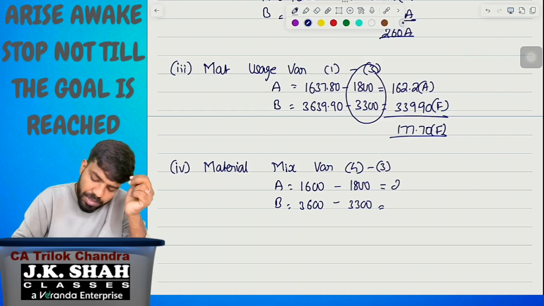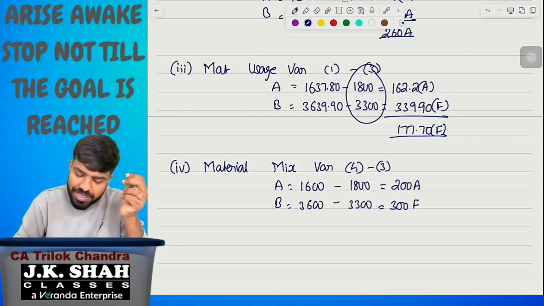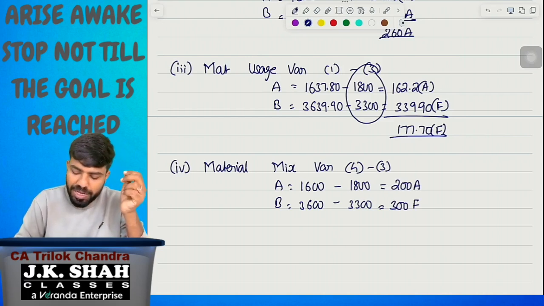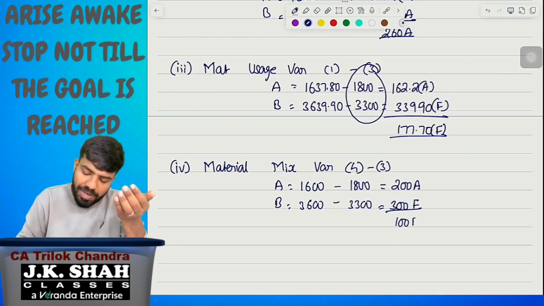Take the net value. 200 rupees adverse, and here it is 300 rupees favorable. 1600 minus 1800 is negative 200, so adverse. 3600 minus 3300 is positive 300, favorable. Net amount is 100 favorable.